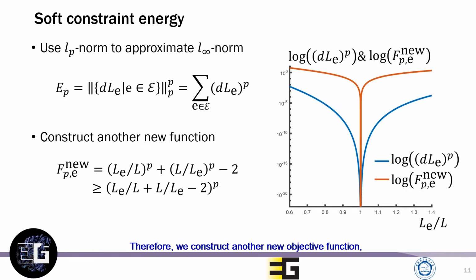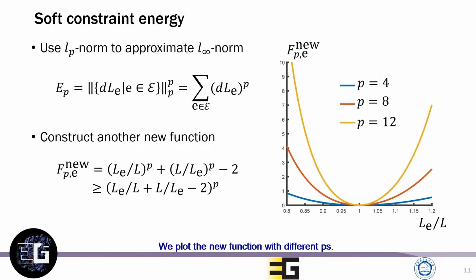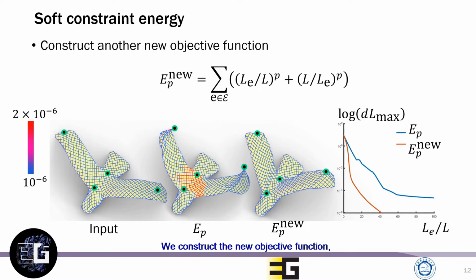Therefore, we construct another new objective function, which is based on the following inequality. As shown in the figure, the new function decreases much faster than the old one near our target. We plot the new function with different p's. When p gets larger, the decreasing rate gets faster. We found that optimizing the new function is more effective than optimizing E_p.